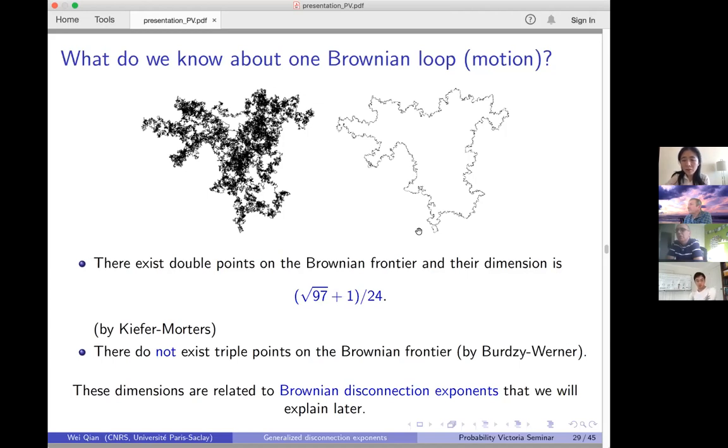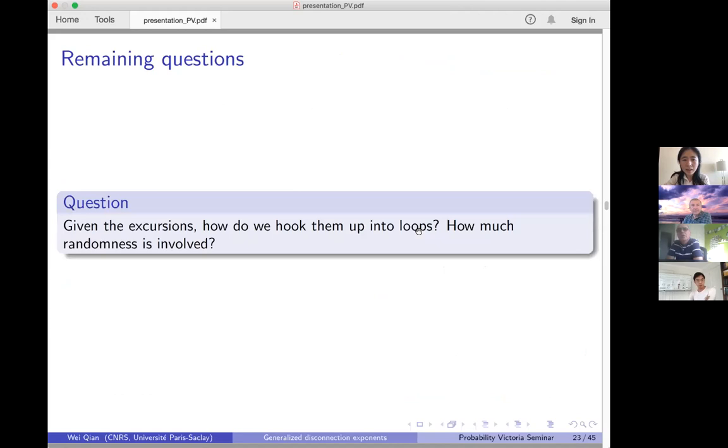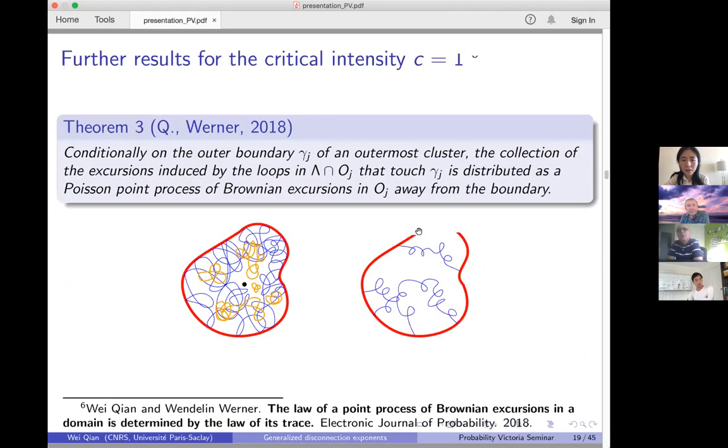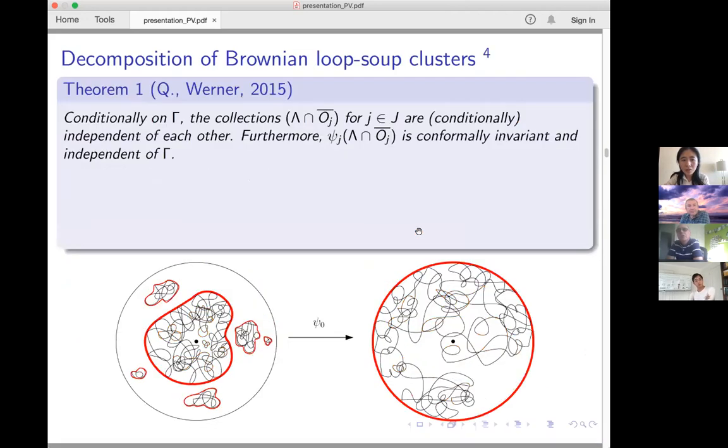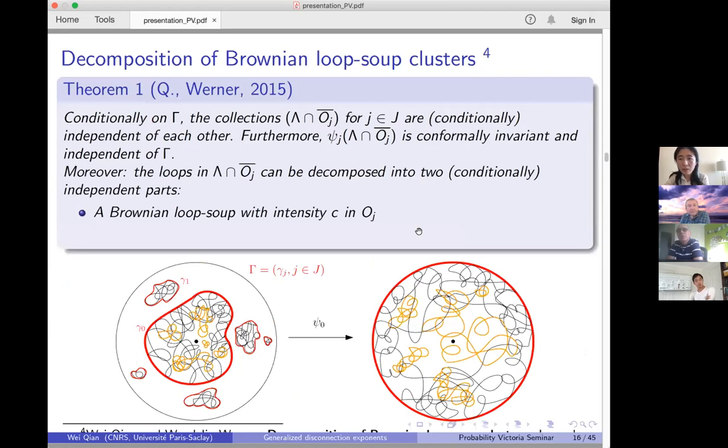Also, there is something that I did not talk about, but was crucially used in our result on the decomposition of Brownian loop soups: a coupling with the Gaussian free field in the Euclidean plane, in the unit disk.